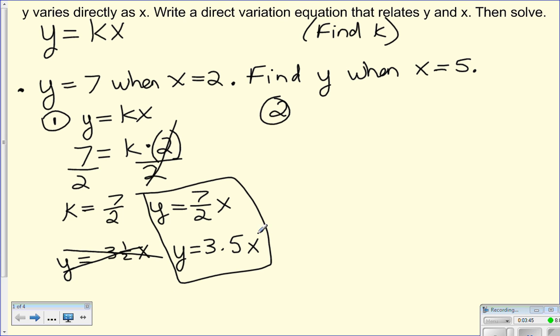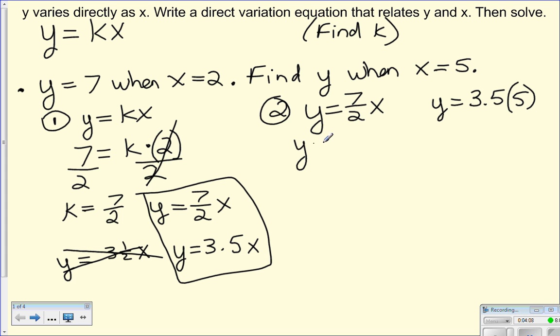But with this equation, if we know x, we can find y. All we have to do is plug it in. So write your equation y equals 7 halves x, and I'm going to talk through both forms, decimal and fraction. You shouldn't be afraid of using fractions. So here, oops, I didn't plug it in over here.